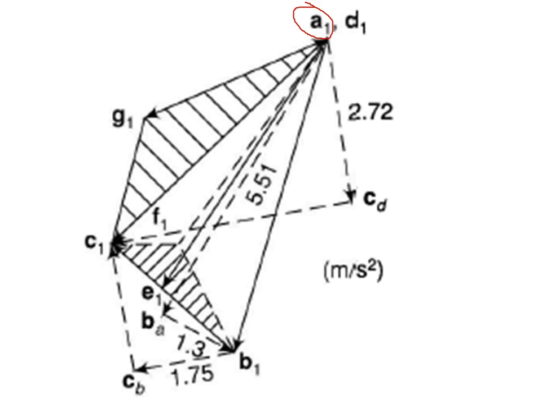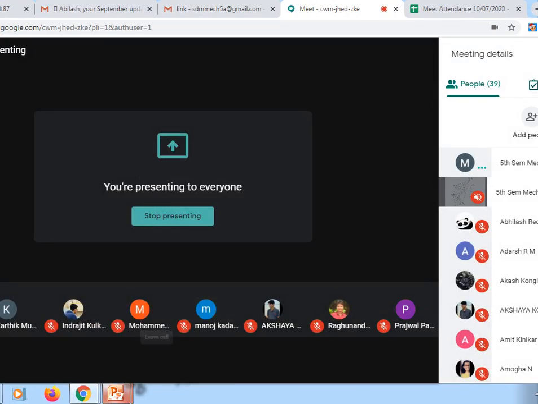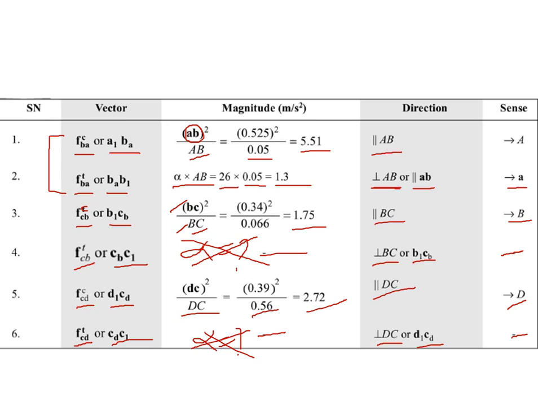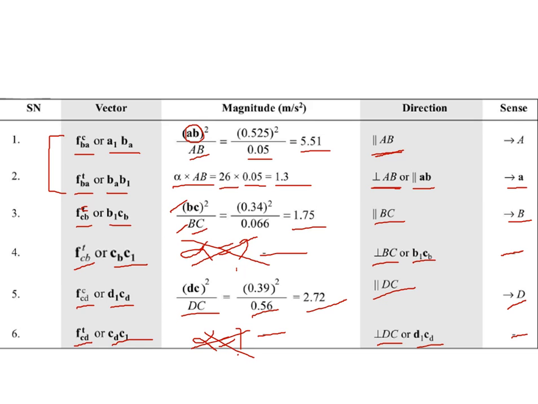Okay, so take one point A1. Okay, so now from A1 what you have to do, you have to go to the table. So A1 BA is parallel to AB, means it should be parallel to the link AB, so that is at 60 degree angle. Okay, 60 degree angle AB, and what is the value of AB?